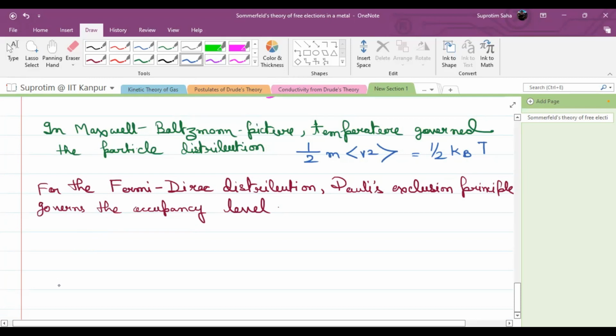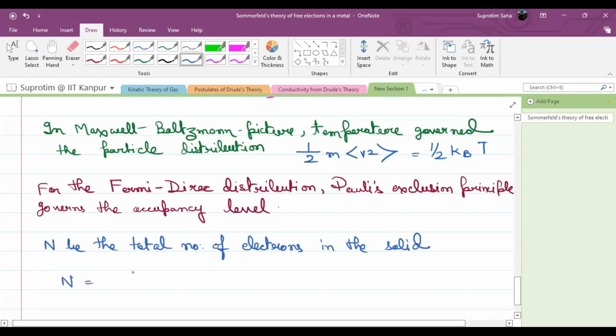Before that, if N is the total number of electrons in the solid, then N will be given by the summation over k of the Fermi distribution of epsilon k minus mu. Here k is the wave vector.